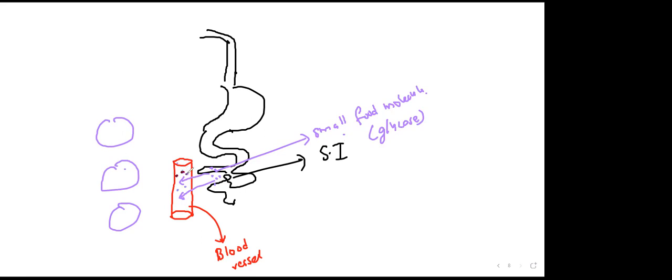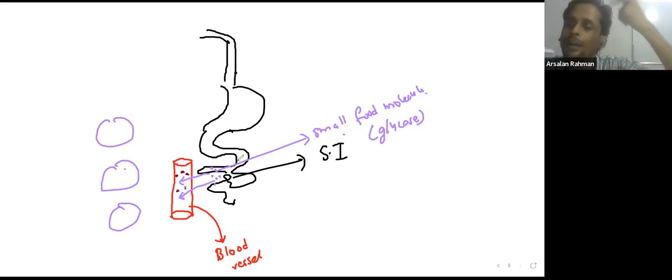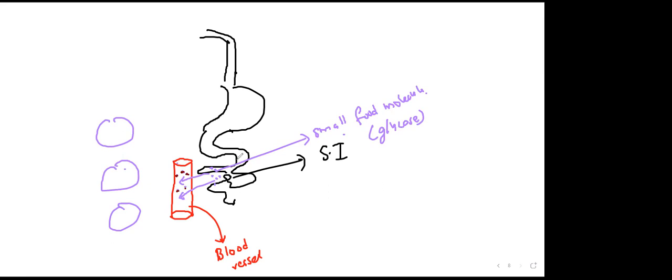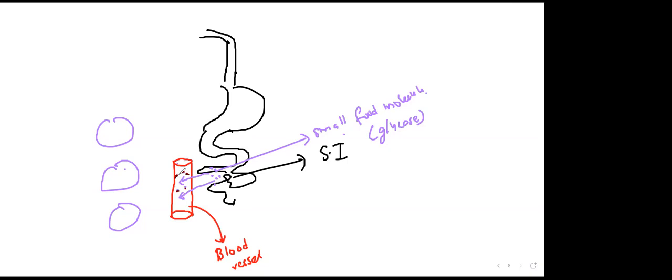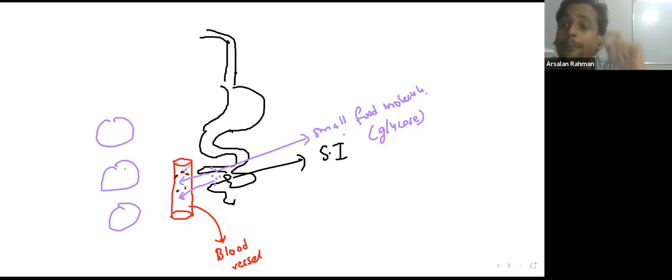Yes or no? Can you see this? And you know that blood is continuously circulating all around our body. So from there, the blood will carry this small food molecule to all the cells and will give this food to different cells.